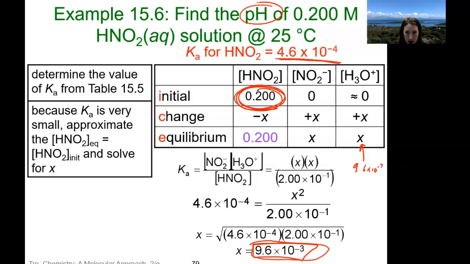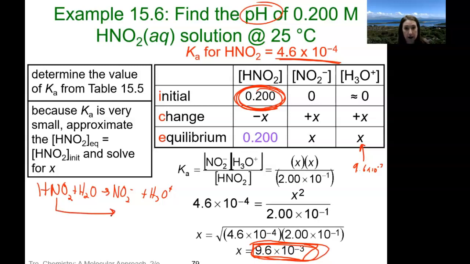Now let's look at this reaction really quick again. HNO2 plus water goes to NO2 minus plus H3O plus. So when we divide those two, we got 4.8%. That means that 4.8% of this went to products, right?